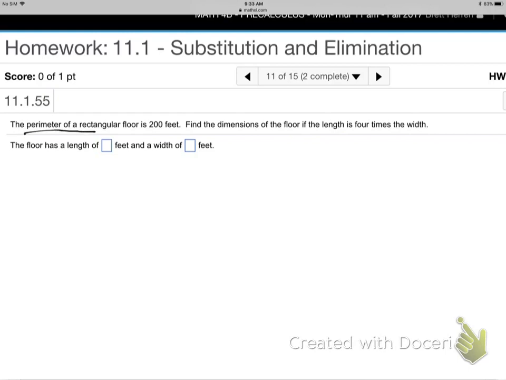Perimeter of a rectangle. If you have a rectangle that has width and length, what's the perimeter formula for a rectangle?